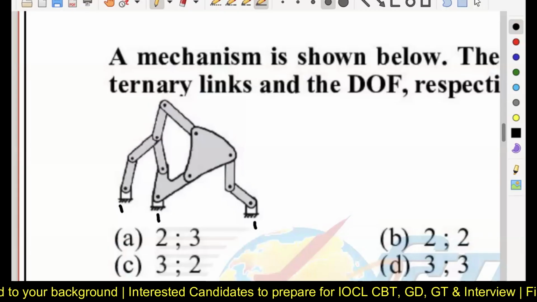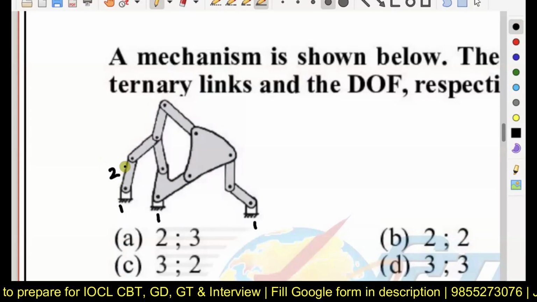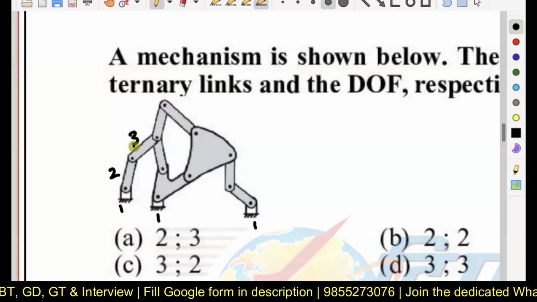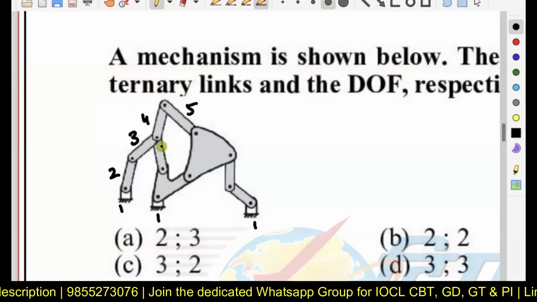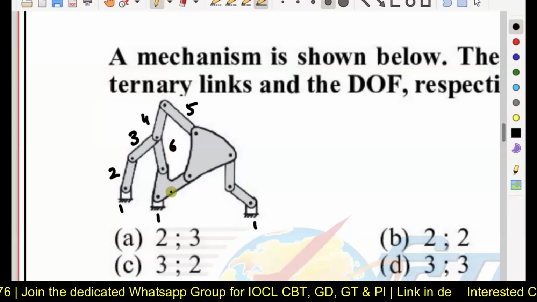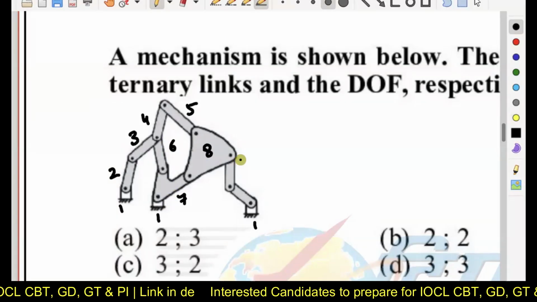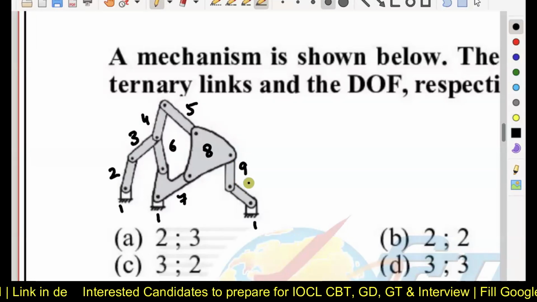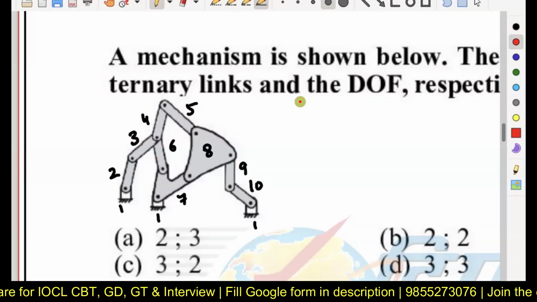Link number 2 is a binary link. Link number 3 is a binary link. Link number 4 is a binary link. Link number 5 is binary. Link number 6 is binary. Link number 7 is ternary. Link number 8 is ternary. Link number 9 is binary. 10 is ternary. So now you can see how many ternary links are there.